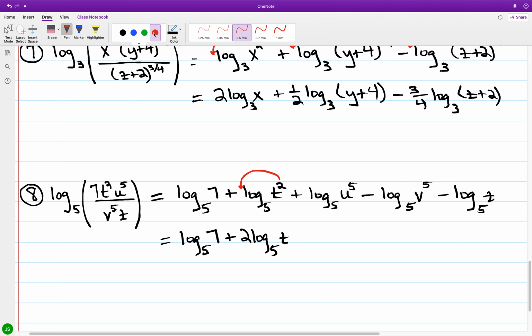Next, plus 5 times the base 5 logarithm of u, minus 5 times the base 5 logarithm of v, and again minus the base 5 logarithm of z. And this will be the final result for number 8.